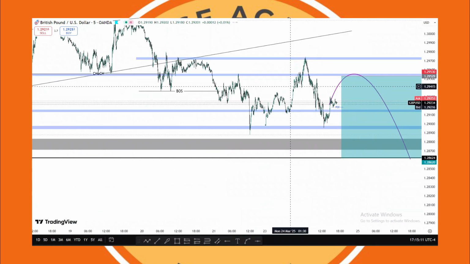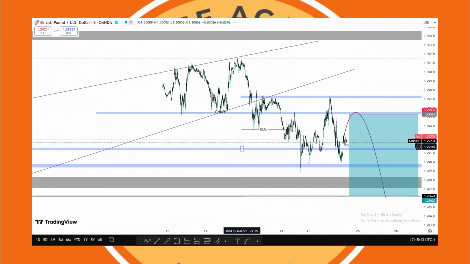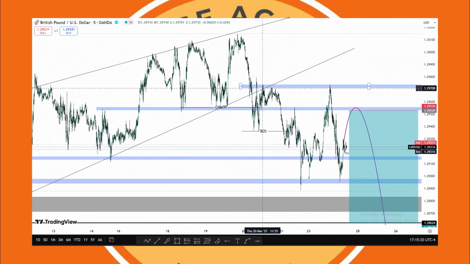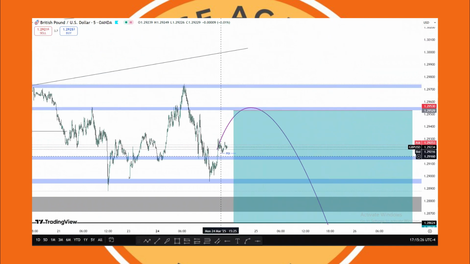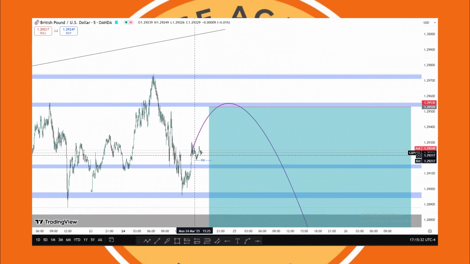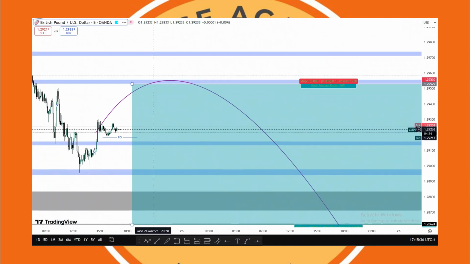But yeah, man, I really can't find an entry. And this is very tricky because usually when you can't see a clear entry, it could be because I missed the initial move, right? And the market might play around for some time until we get a proper clear entry. But this is what I have to do, I'm afraid.